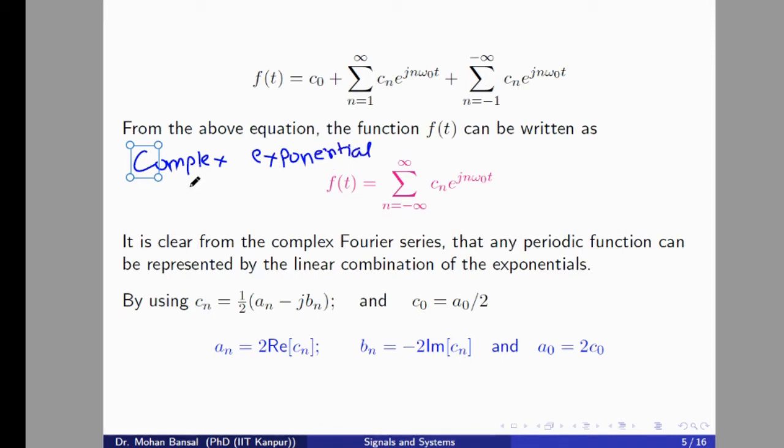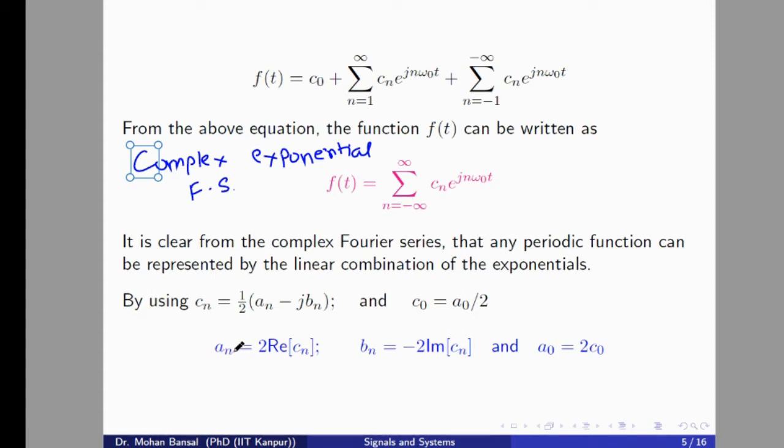This is the complex exponential Fourier series represented by c_n e to the power j n omega naught t. And we know c_n is half of (a_n minus j b_n), and c0 is a0 divided by 2. So we can also compute a_n, b_n and a0 from a given c_n.